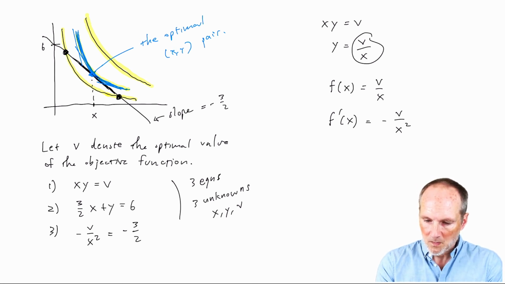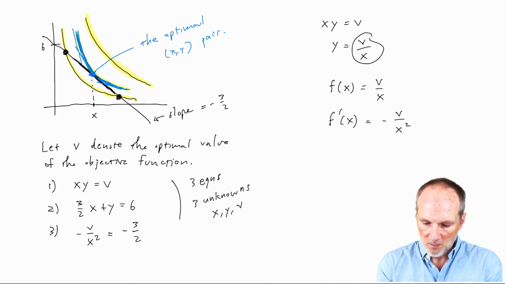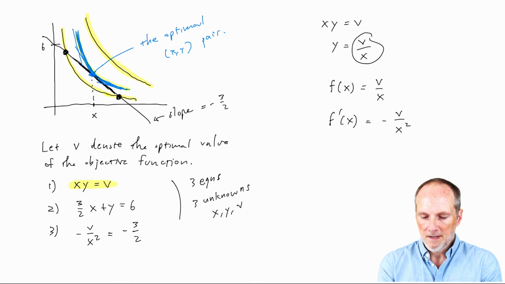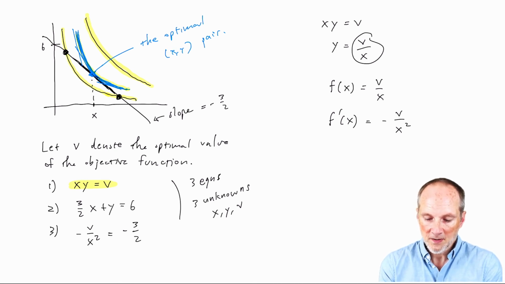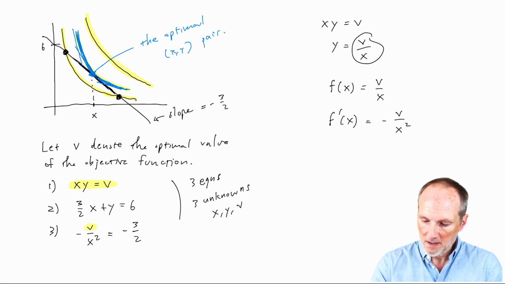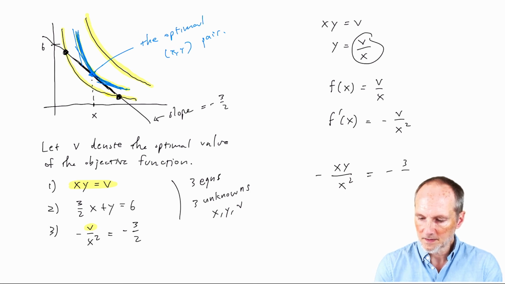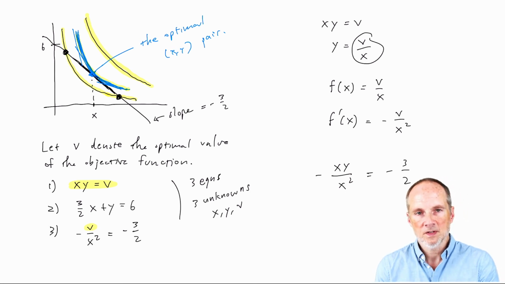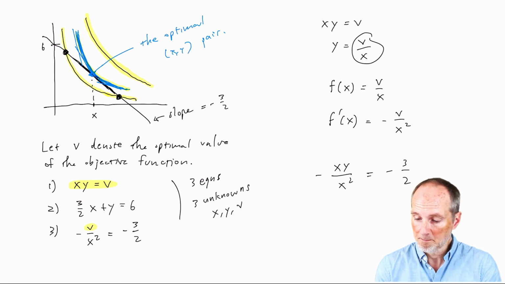From equation 1 here, I know that v is equal to x times y, so I can substitute that in the third equation. That would give me x times y over x squared is equal to negative 3/2. That's just substituting the first equation into the third.